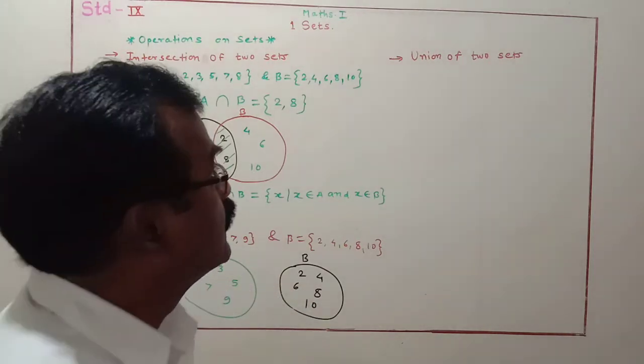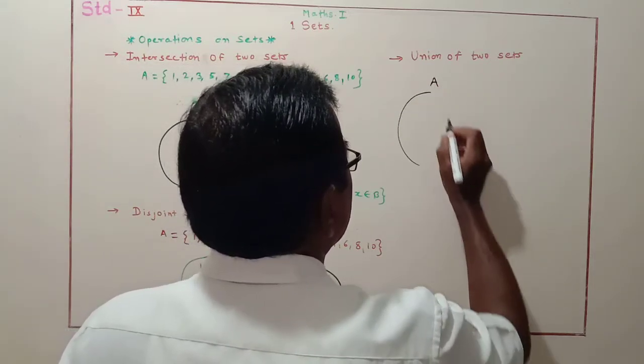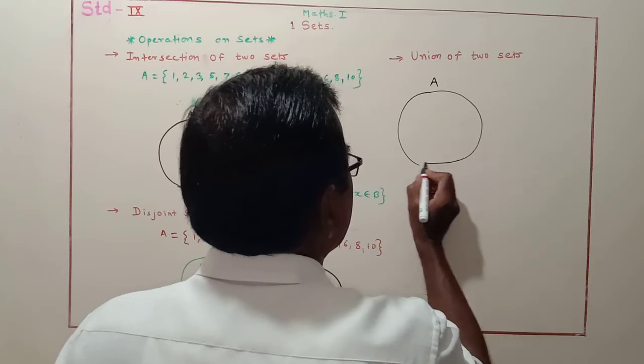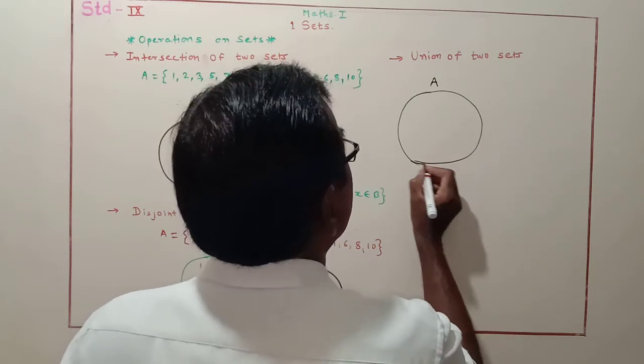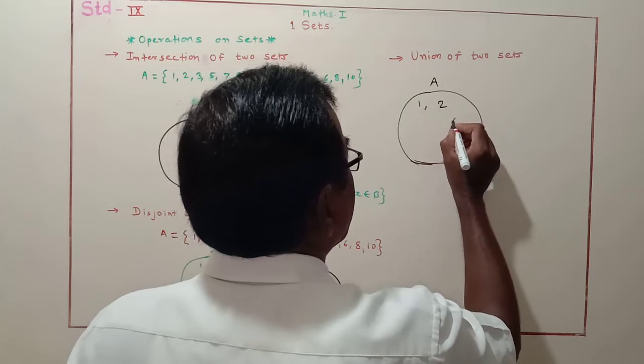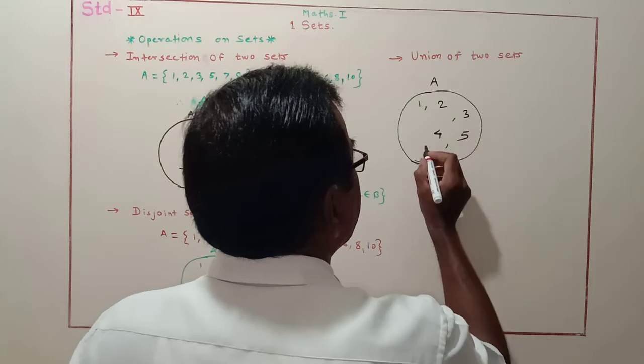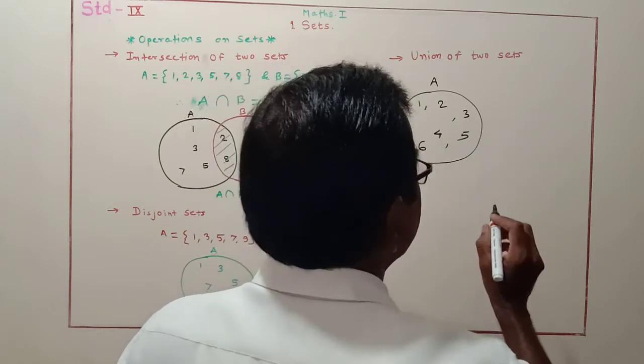Suppose this is set A, there are some elements: 1, 2, 3, 4, 5, 6.